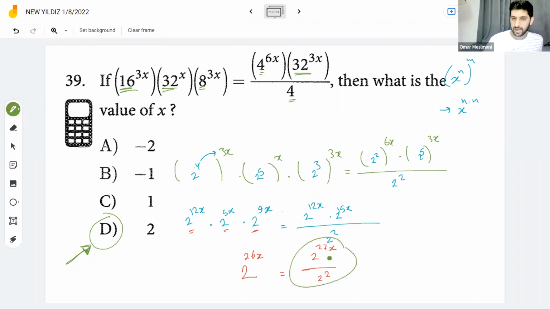And now using the formula, I have 2 power 26x equals 2 power 27x minus 2.